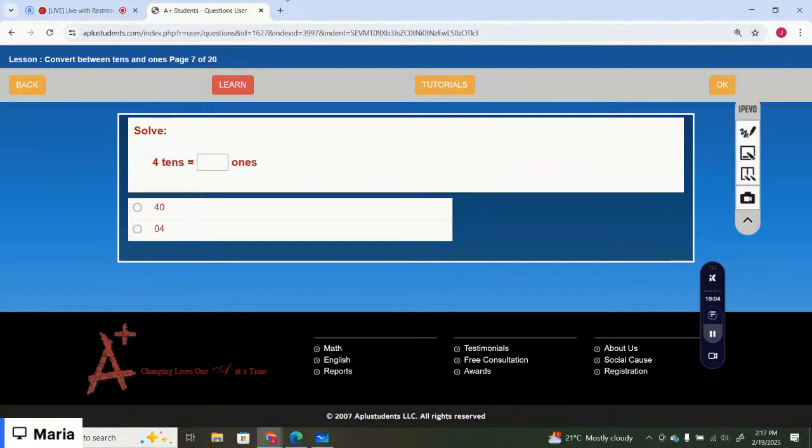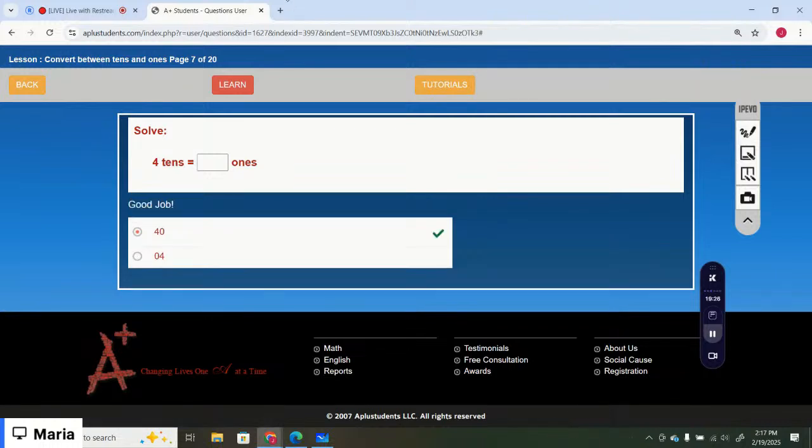4 tens equal how many ones? 4 tens equal 40 ones. Option number 1 is the correct option.